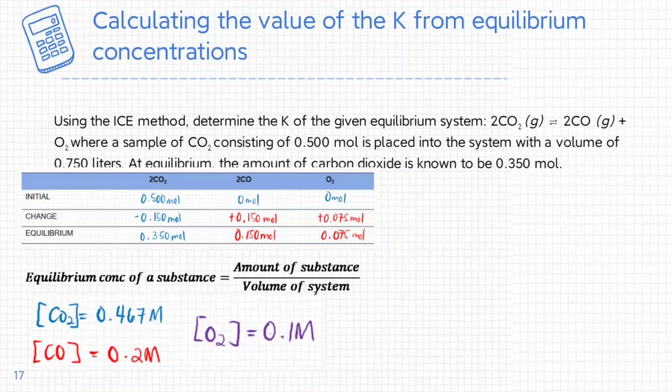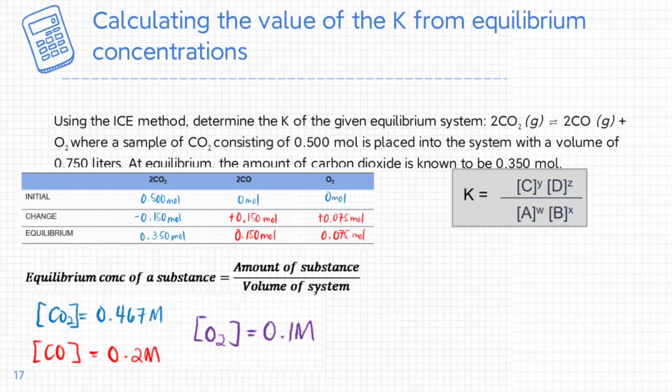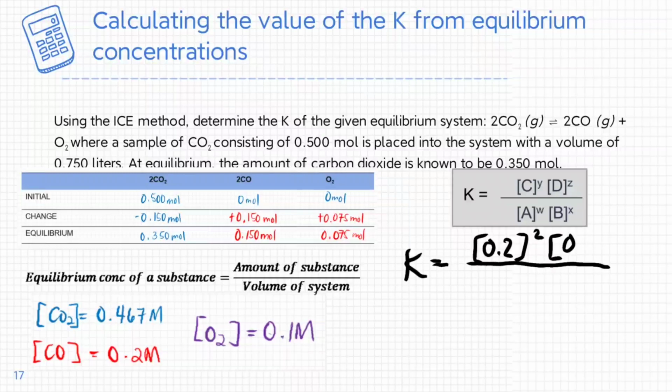So, to compute for your equilibrium constant, again, gagamitin natin yung formula. Okay? Ready? Now, yung numerator mo would be your products. So, what are your products? You have a carbon monoxide, 0.2, tapos yung coefficient niya, and then your oxygen, 0.1. And then, your denominator would be your reactant. So, 0.467, tapos 2.